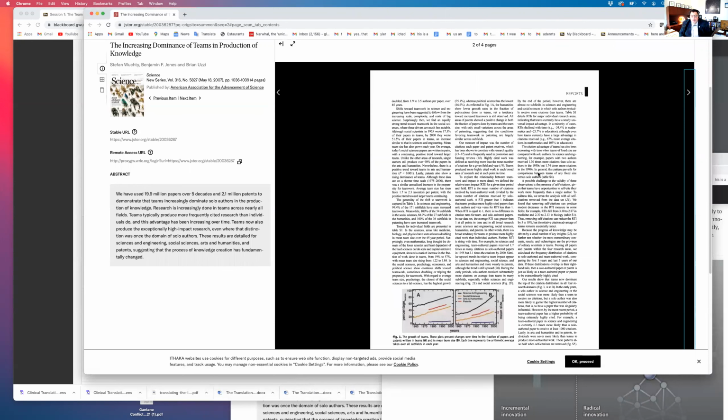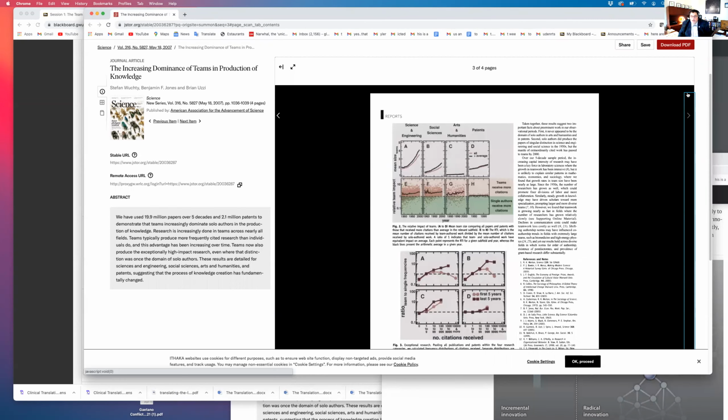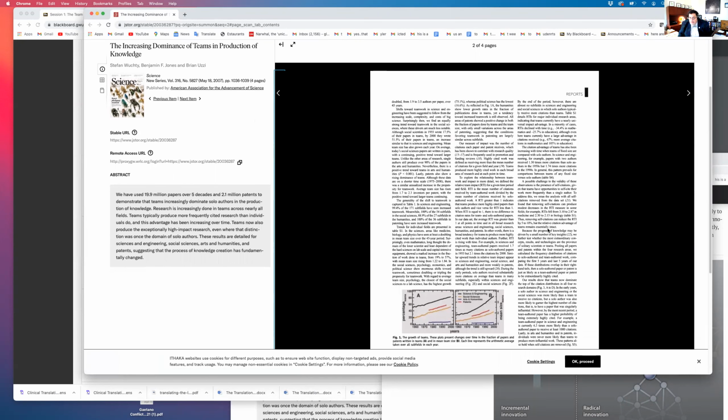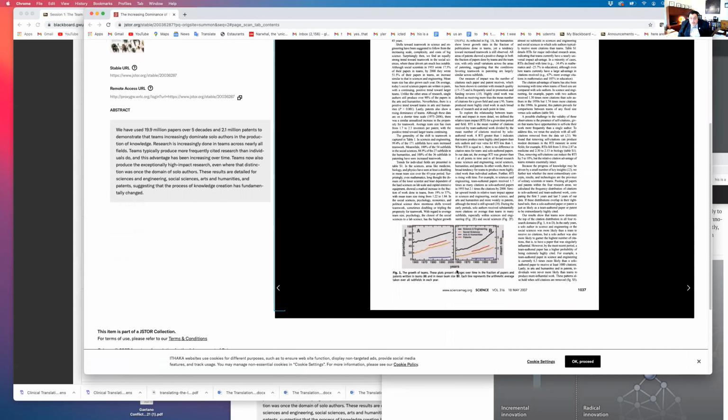Now, this particular paper, it's very short, as you know, actually looked at the impact of teams on research that gets cited, and it even shows here how in different fields there's a growing predominance.